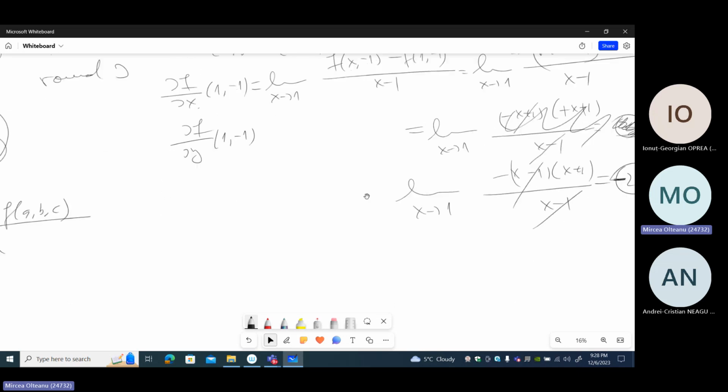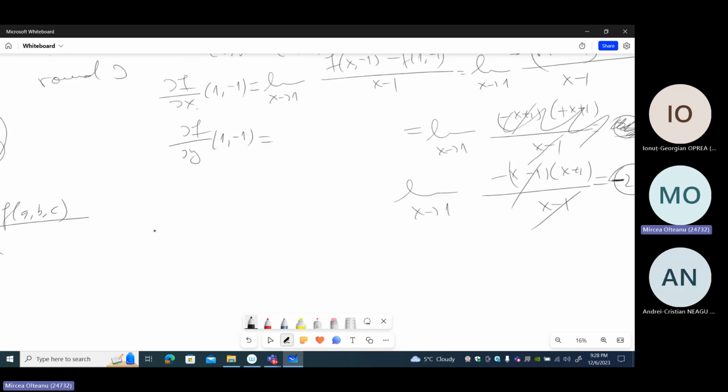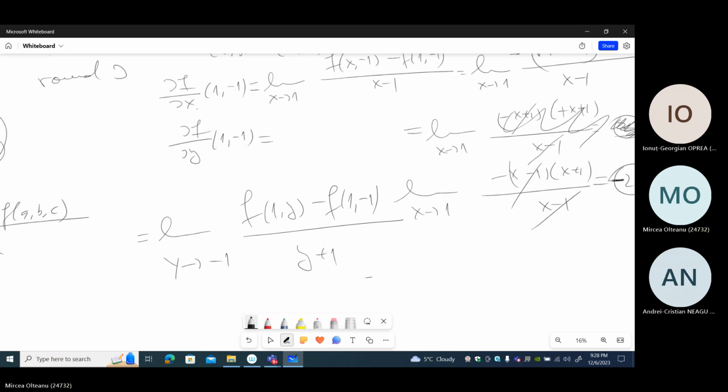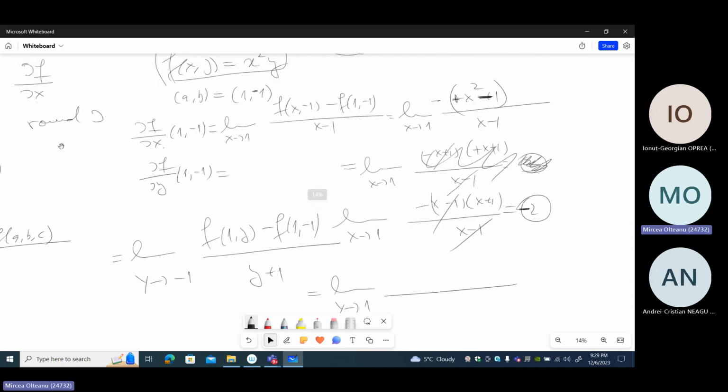The other one, similarly, will be the limit when y tends to minus 1 of f of 1 and y minus f of 1 and minus 1 over y minus minus 1, so y plus 1, which means f of 1 and y.